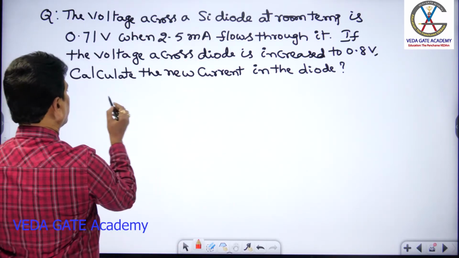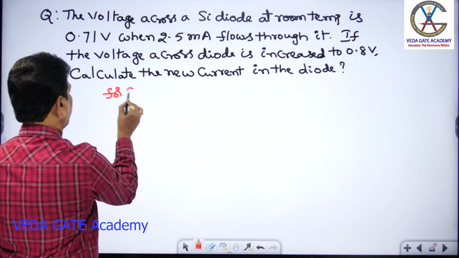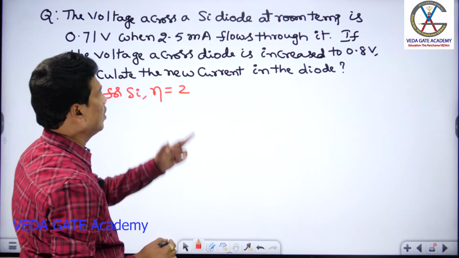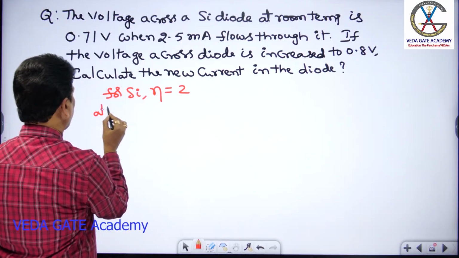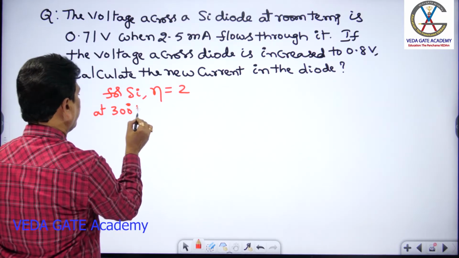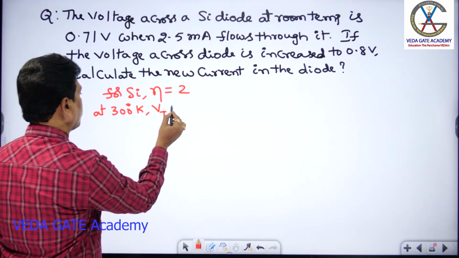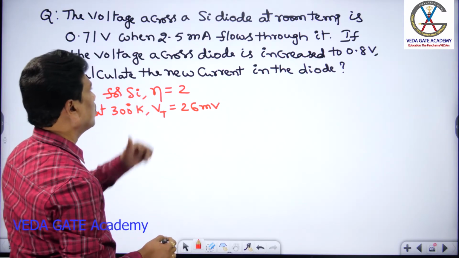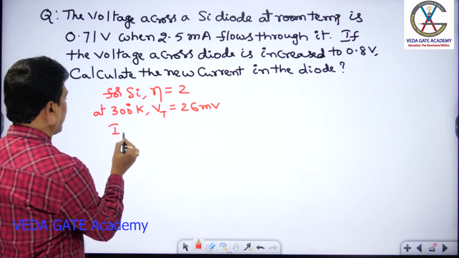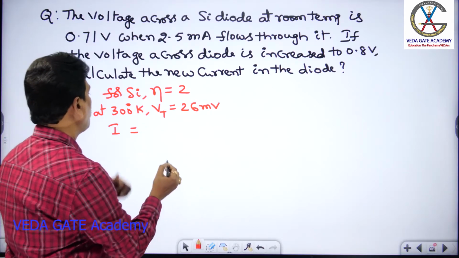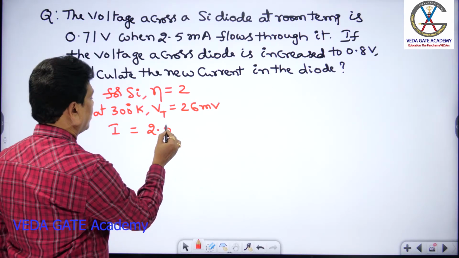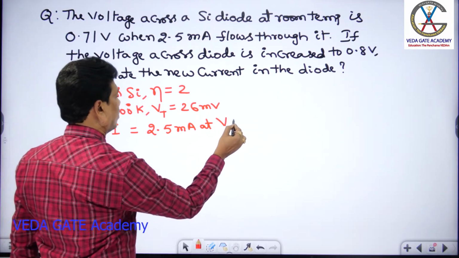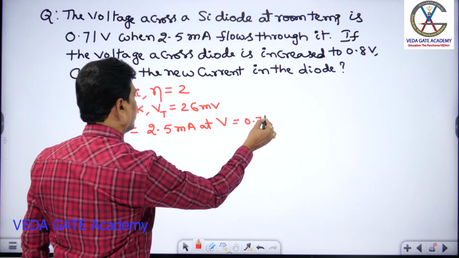Now this is a silicon diode. For silicon diode, ideality factor is 2, right? At room temperature of 300 Kelvin, Vt equals 26 millivolt. Given that the current I equals 2.5 milliamps at a forward voltage of 0.71 volt.